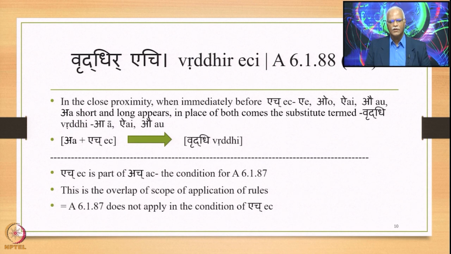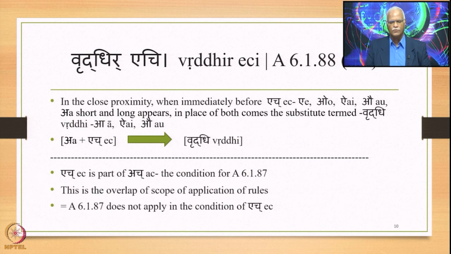feeds into the conflict of rules, in order to resolve which the Paninian grammar and its tradition has laid down certain principles. One of the principles says that since 6188 has the scope of application of E and 6187 has a far bigger scope of application, 6188 applies in its limited domain of application.